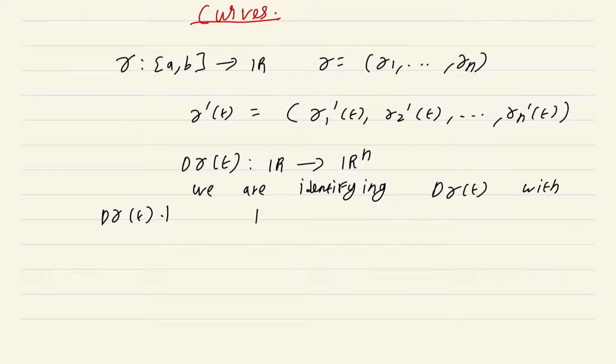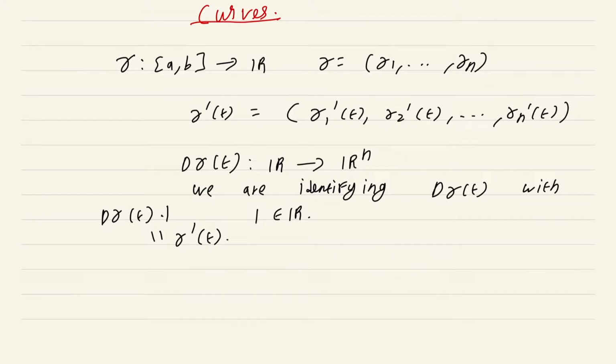The vector 1 is an element of R. It is also a basis for R. And if you just unwind all the definitions, it will be very clear to you that when d gamma of t acts on 1, what you get is nothing but what we have called gamma prime of t. So this is just some notation.